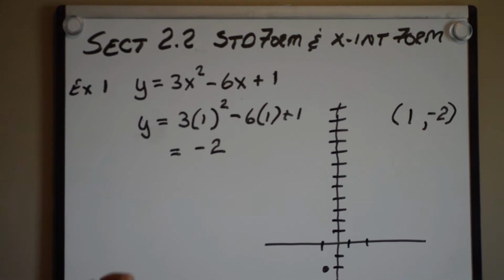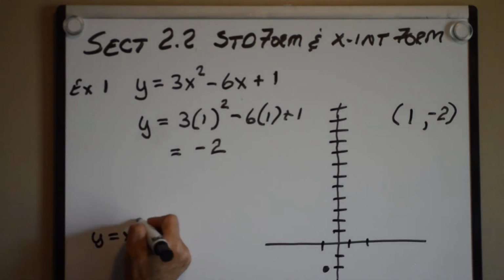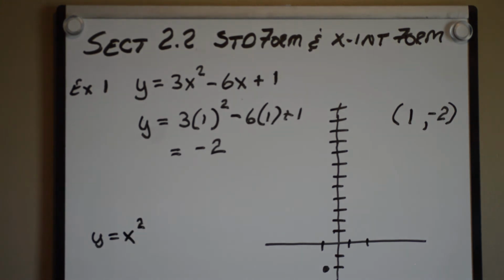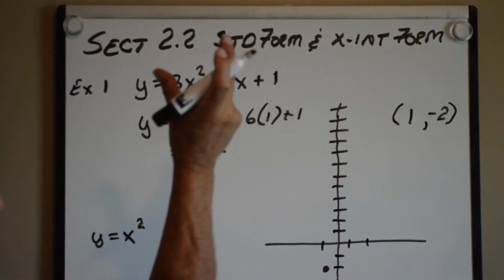Remember, the parent graph is y equals x squared. You don't say it's quadratic whenever they ask you what the parent graph is. The parent graph, the equation is y equals x squared. Okay, so my parent graph is always 0, 0, 1, 1, 2, 4, 3, 9, 4, 16, and so on and so forth. This time I have a multiplier. It's positive, it's going to open upwards.